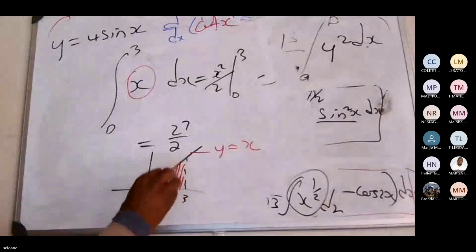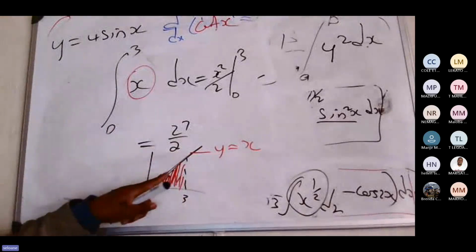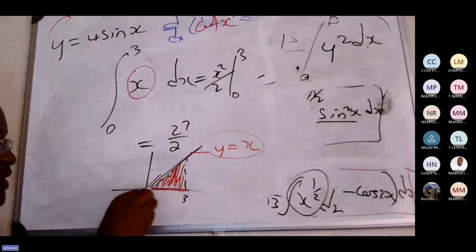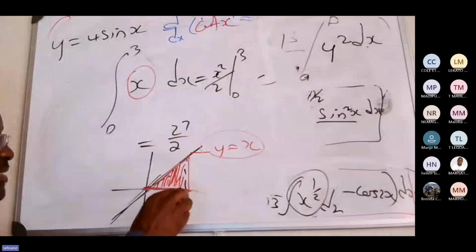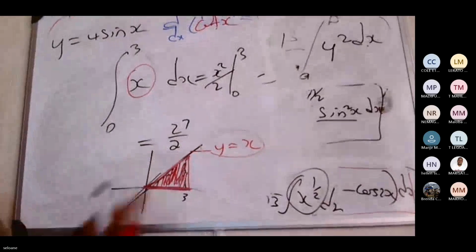Meaning that the area of this region enclosed by this and the x-axis is the area of this triangle.